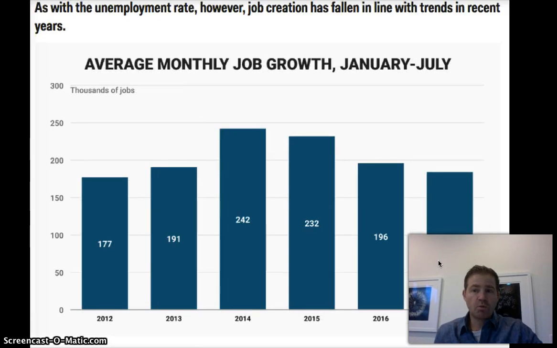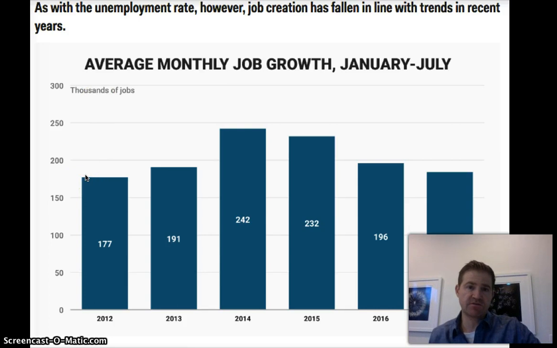So one of the things that stimulates growth is employment. If people have jobs, they are spending money. If people have jobs, the factories are producing things. So job creation, these are thousands of jobs for the average months from January to July.